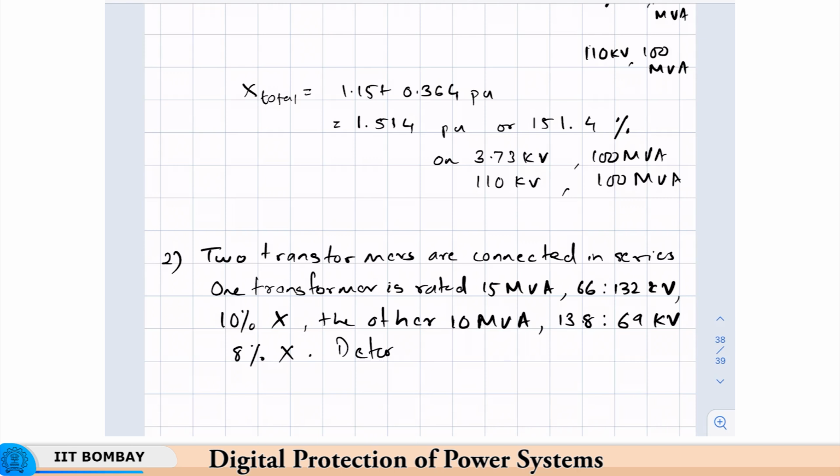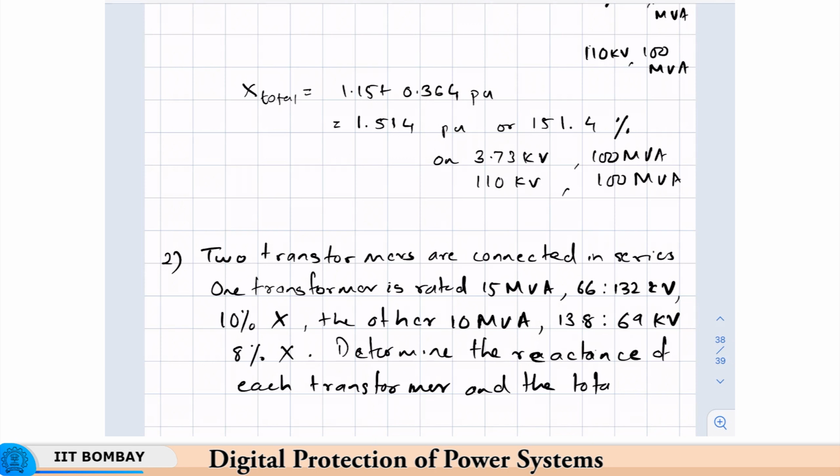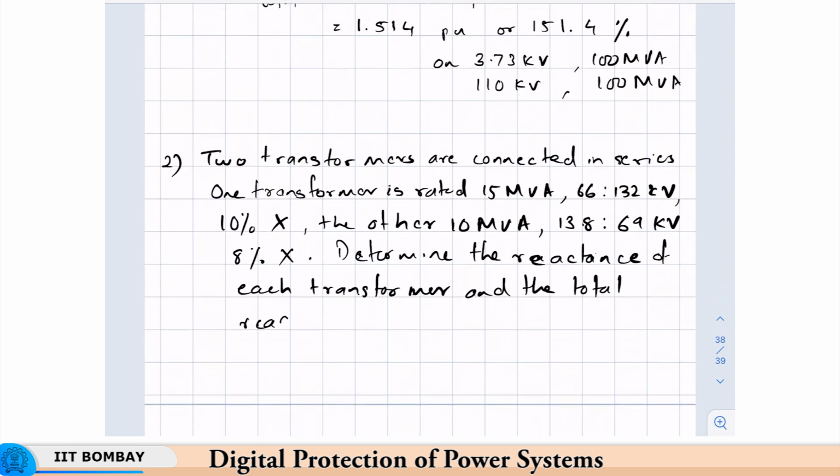Okay. Determine the reactance of each transformer and the total reactance, sum of two in series, in percent.